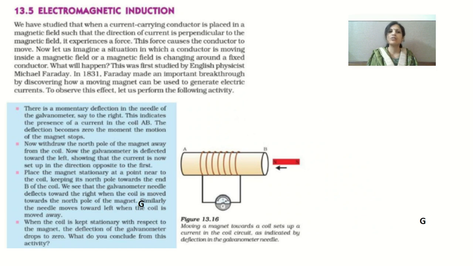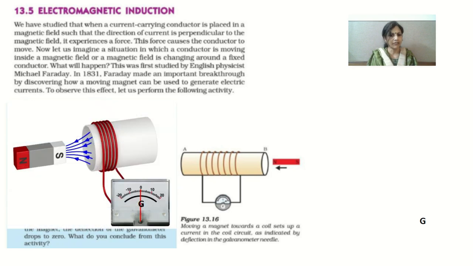After this topic, children, we studied electromagnetic induction. This electromagnetic induction is defined as inducing an electric current into the coil by changing the magnetic field. So we saw this activity wherein we observed that when the magnet is stationary, when we are not changing the magnetic field, the reading in the galvanometer is 0.